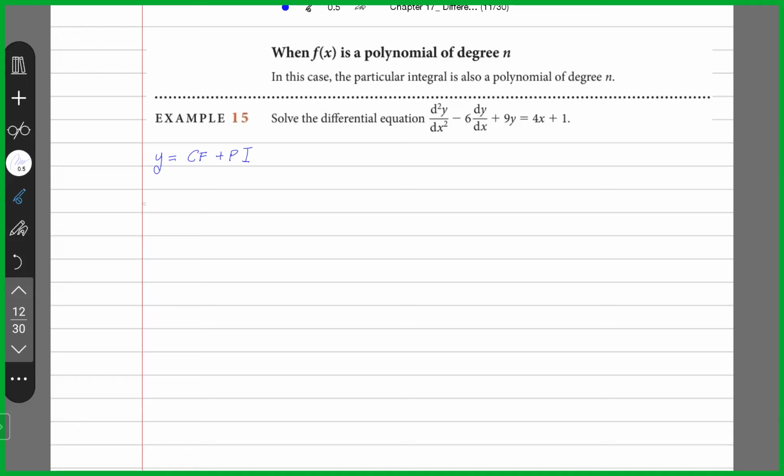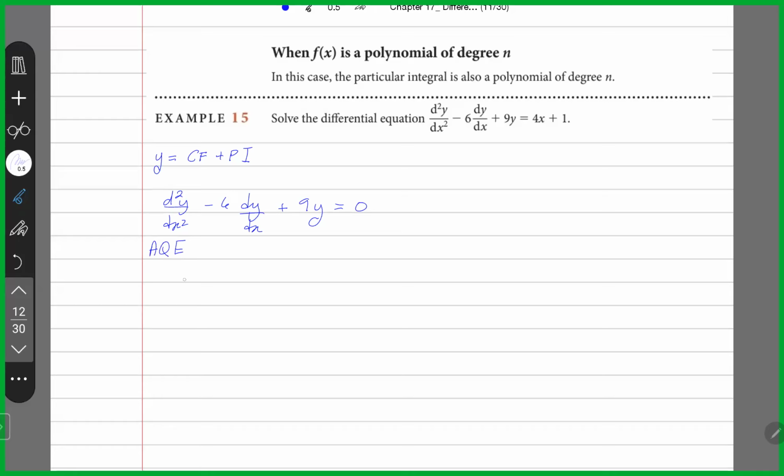Now, let's first find CF. To find CF, we need to solve the homogeneous part of the differential equation, d2y by dx squared minus 6 dy by dx plus 9y is equal to 0. As you all know, to solve this part of the equation, we need to form the AQE, which is the auxiliary quadratic equation.